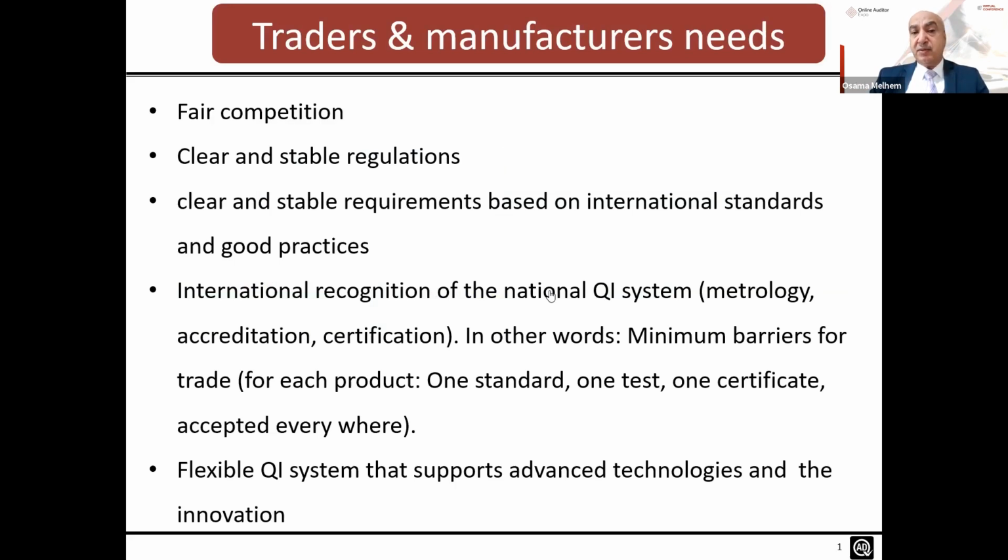They need international recognition for their national quality infrastructure system. It means that whatever is tested here in our country can be accepted in any other country. So it's one standard, one test, one certificate accepted everywhere in the world. And they also need a quality infrastructure system which is very flexible and supports advanced technologies and innovation.